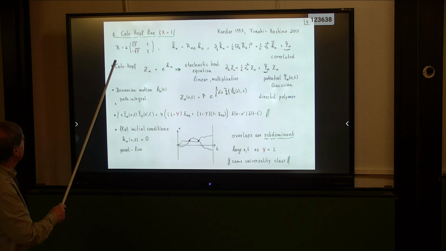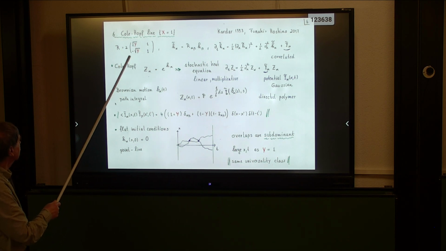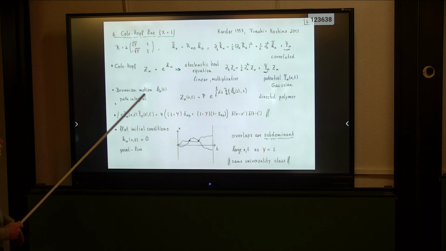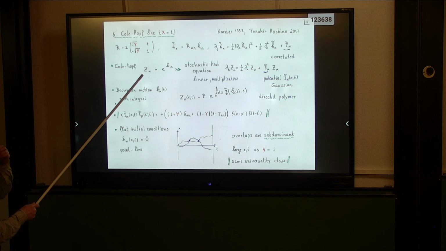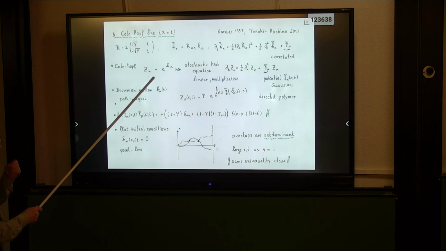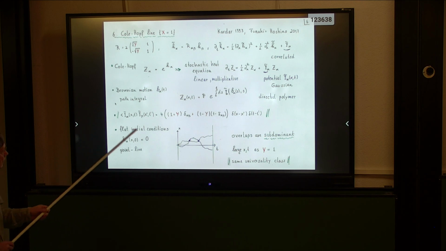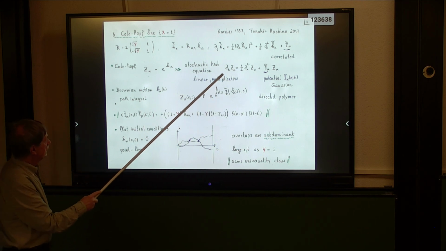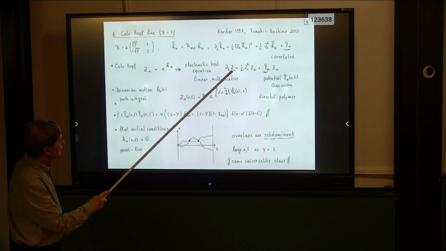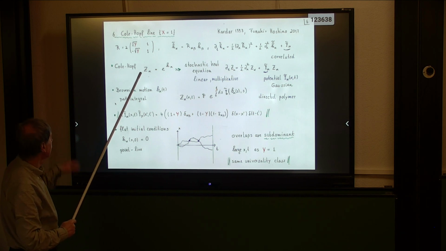Just do this transformation, and then you do what people call the Cole-Hopf transformation, which is simply looking at the exponential of h, and that linearizes the system into one which looks much simpler, in terms of what people call the partition function.